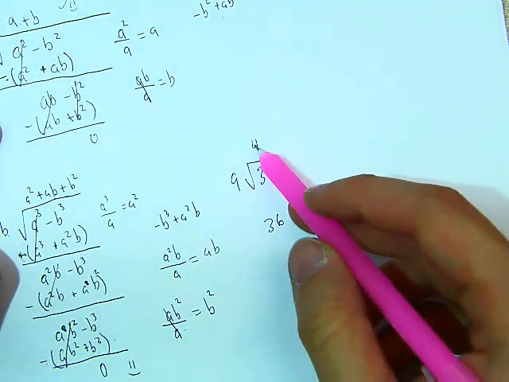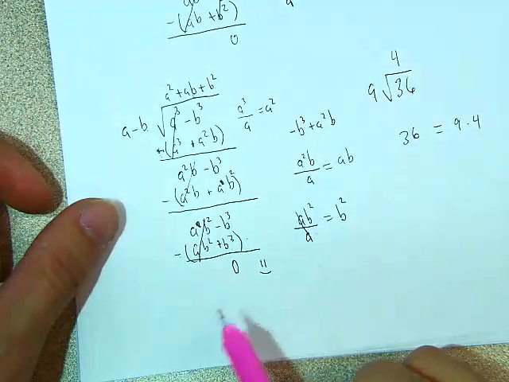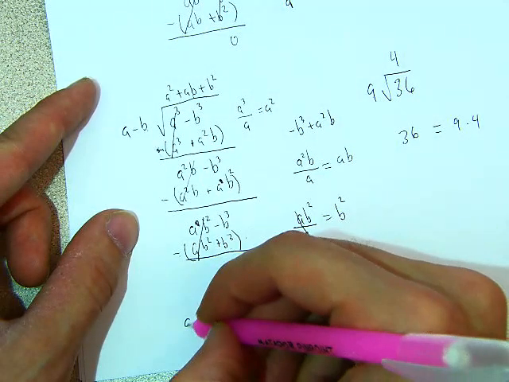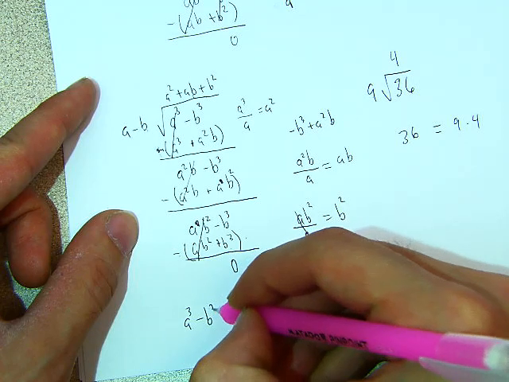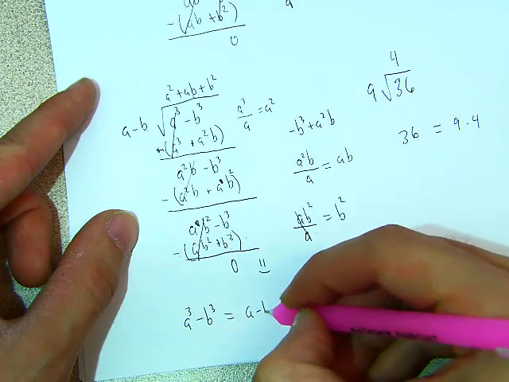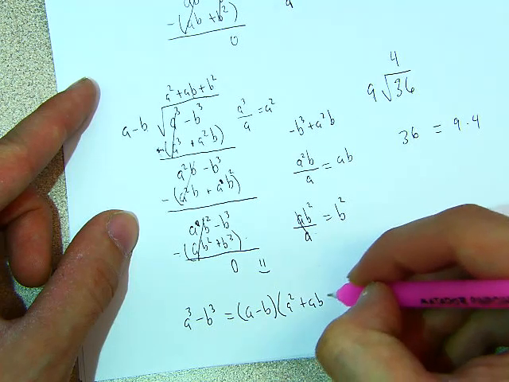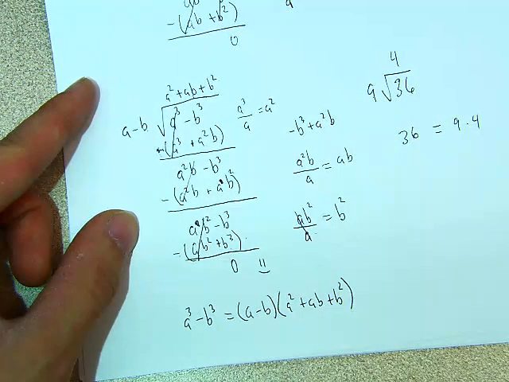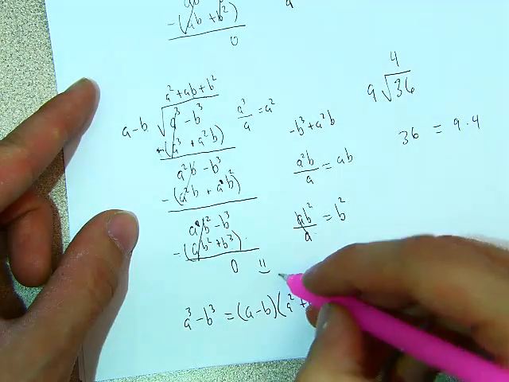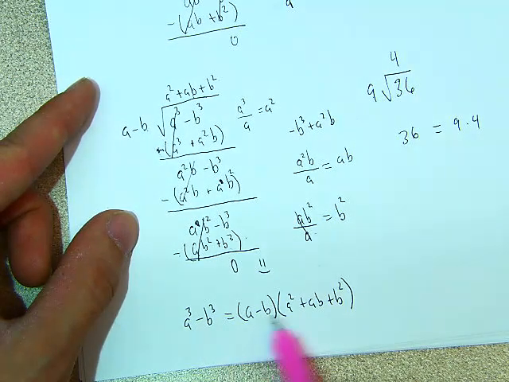I know that this times this gives me this. And now what do we know? We know that our original a cubed minus b cubed is equal to a minus b times a squared plus ab plus b squared. Okay? Big happy face. All right, so this is equal to this.